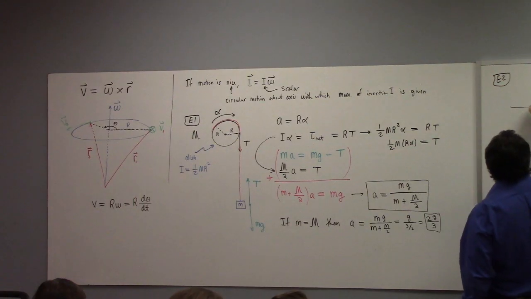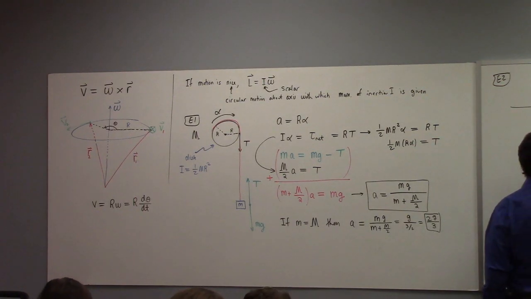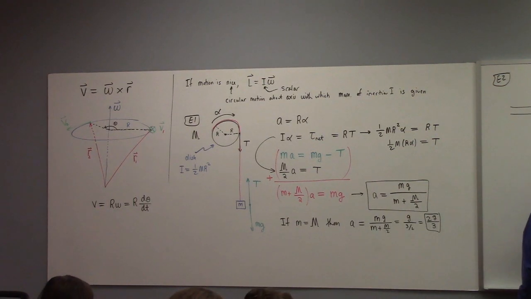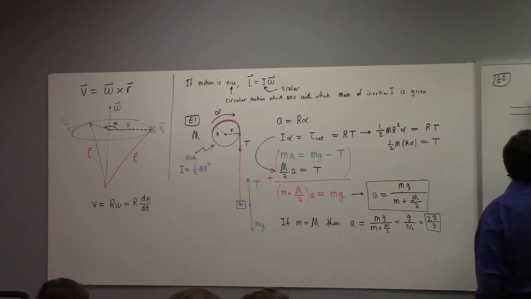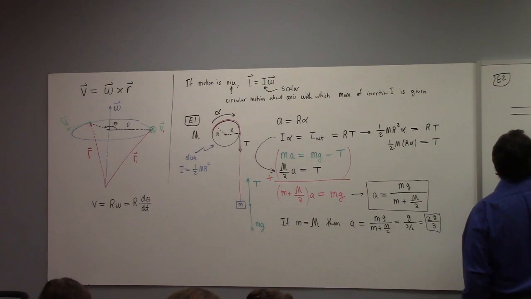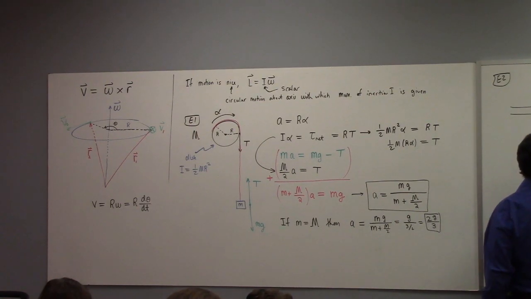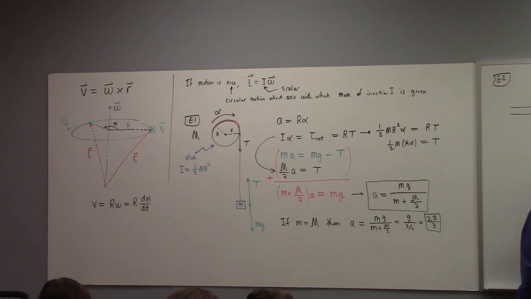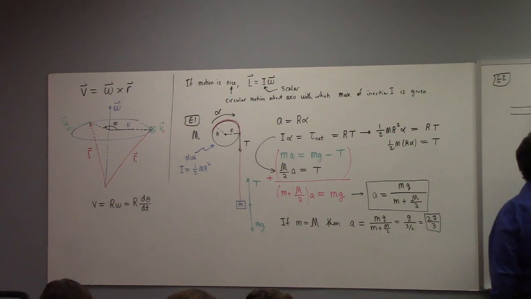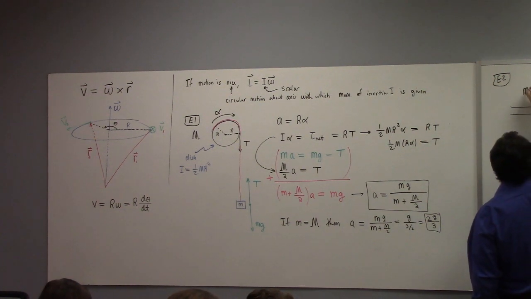Let us suppose that we have a table, all right, and then we have a pulley here, and we've got a mass, and that mass is connected around the pulley to another mass. Let's call this mass M2. We'll call this mass up here M1.